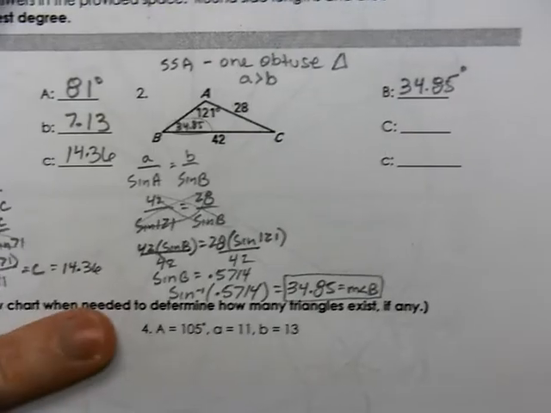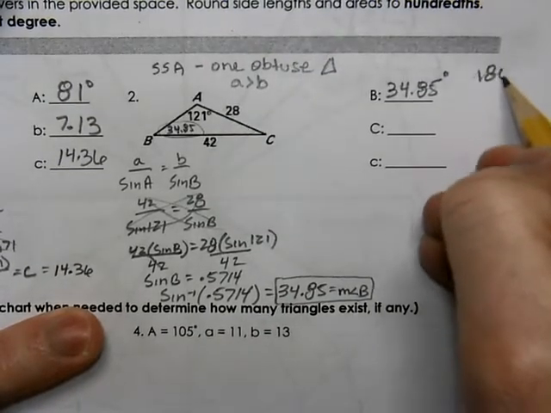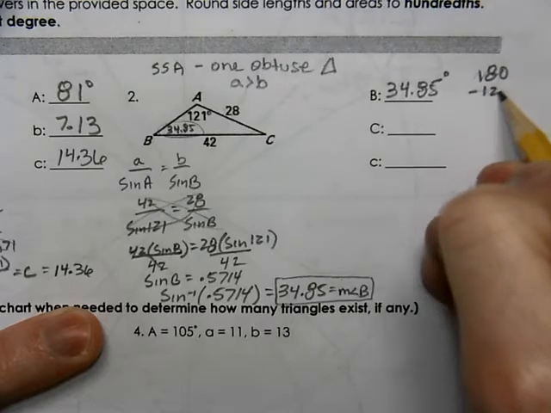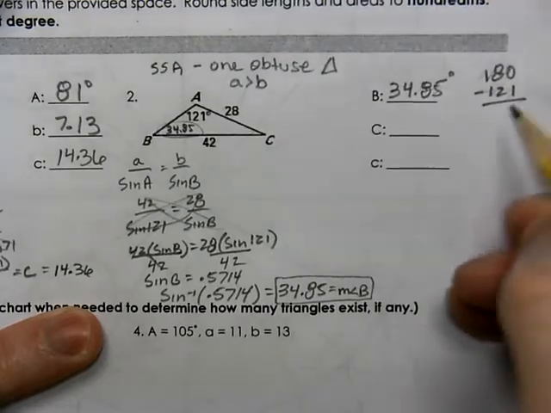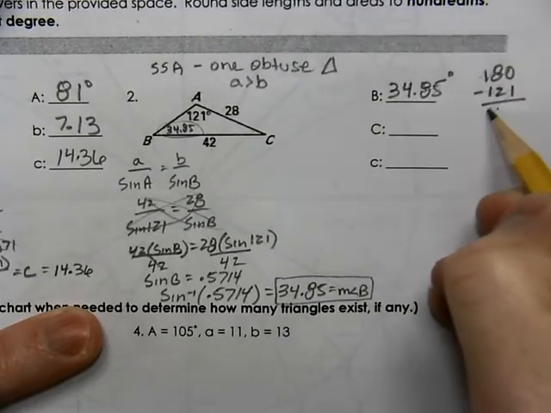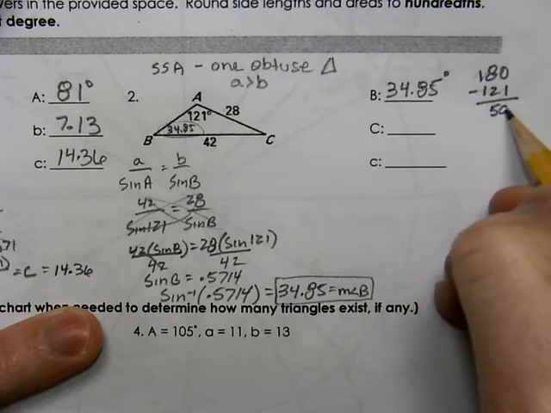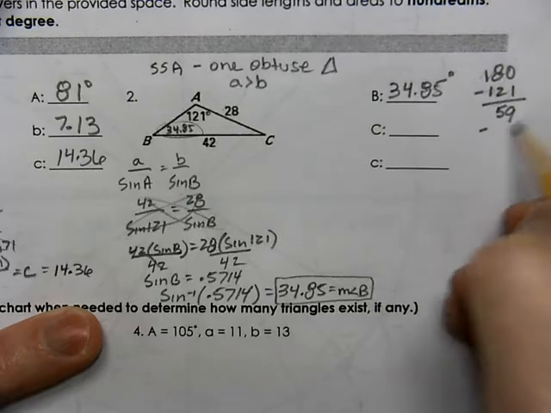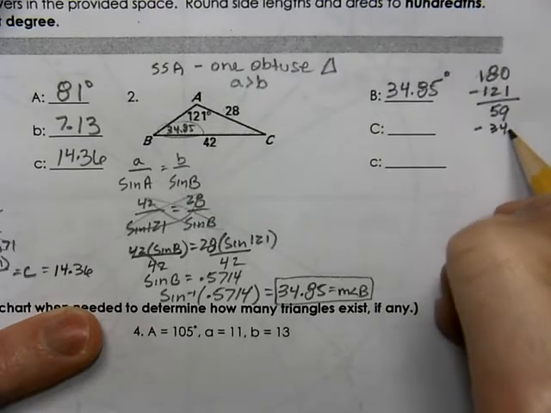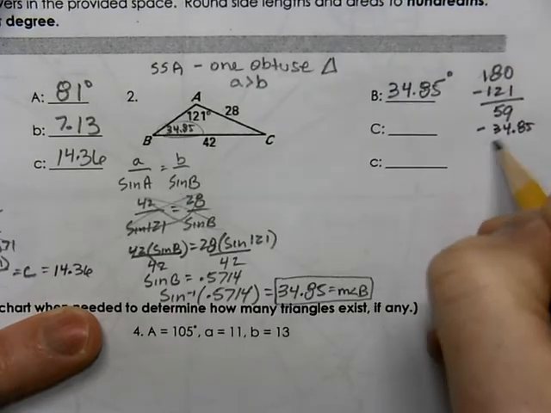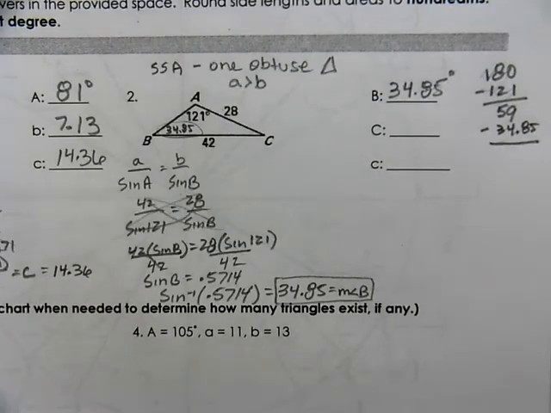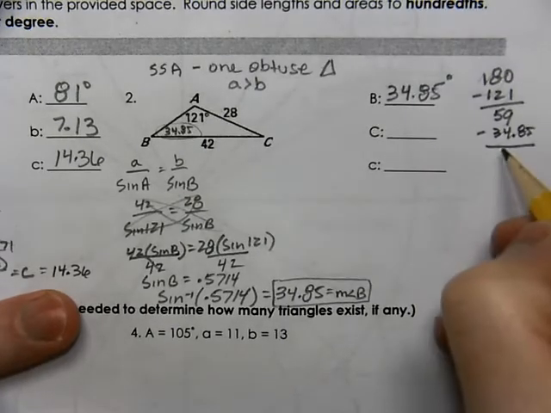C is going to be 180 minus the 121. So that would be 59 minus the 34.85. So angle C is going to come out to be 24.15.